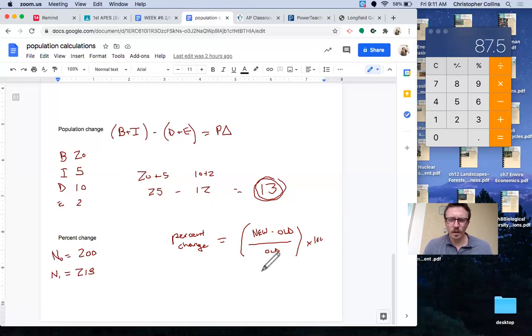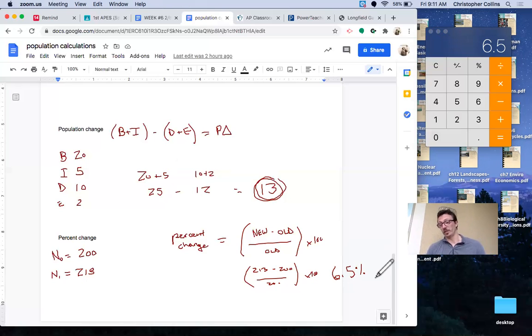So if we do ours, our new population was 213, our old population was 200, divide that by 200, and then obviously we need to multiply it by 100 to get that percent change. And so that's 13 divided by 200, we get 6.5%, right? So that would be the percent change. The population changed by about 6.5%.